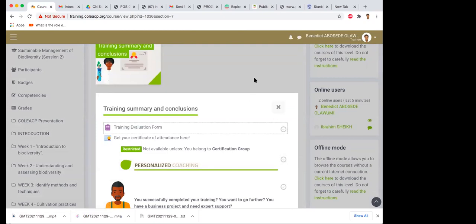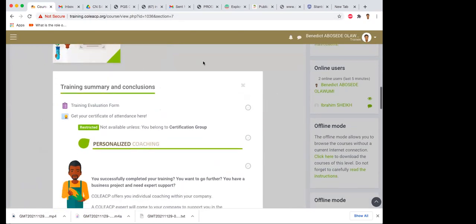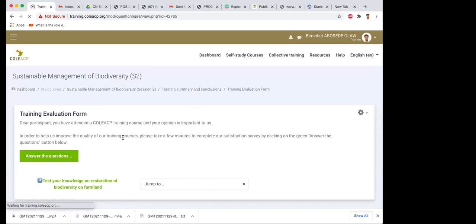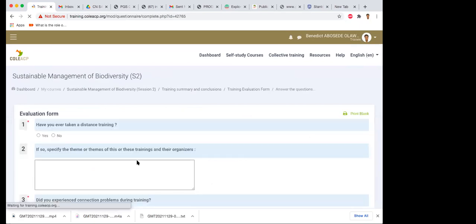If you open it, you will see the training, summary, and conclusion. You see the training evaluation form. When you click on it, this is it.